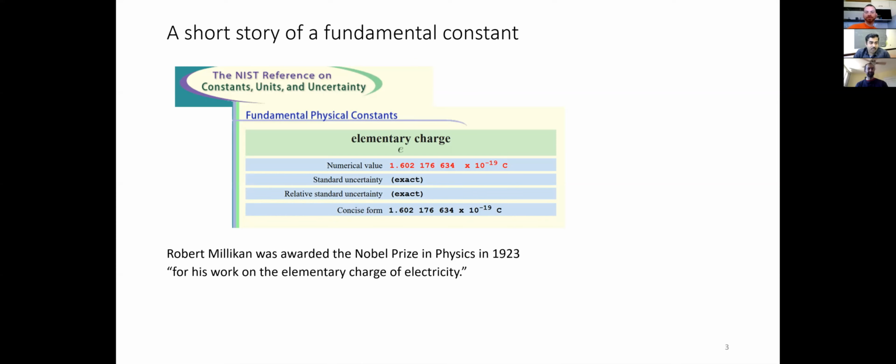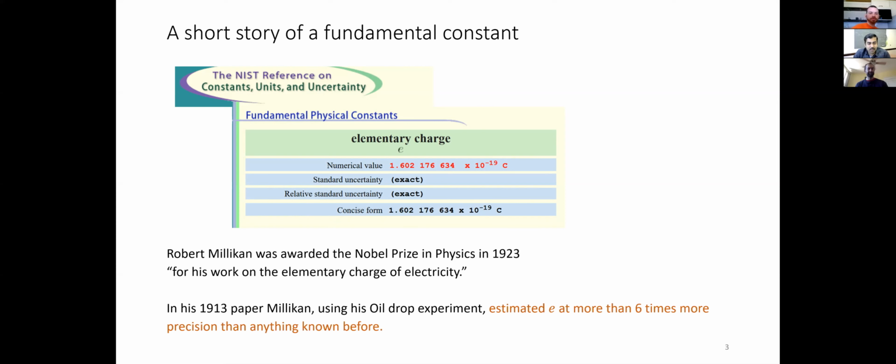But obviously the discovery of this number goes back decades. Robert Millikan, who was from Chicago, was awarded the Nobel Prize in Physics in 1923, and the citation read: for his work on the elementary charge of electricity.